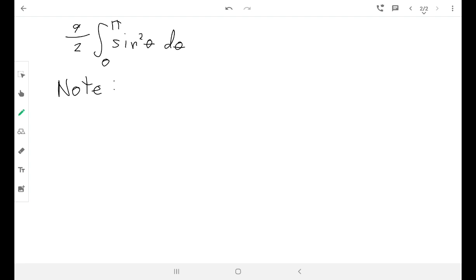and you might not come up with this right away, and that's okay, but note that cosine of 2 theta equals cosine squared theta minus sine squared theta, which means that, let me make sure I got this right here.